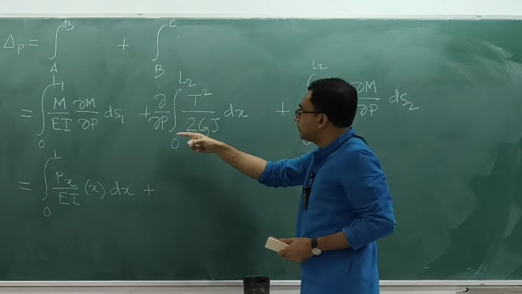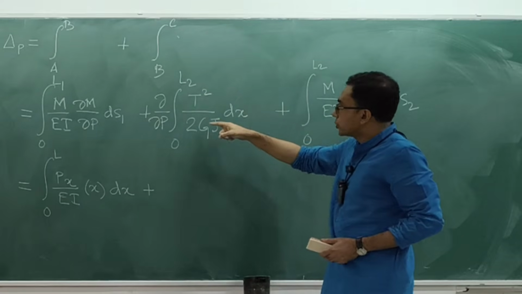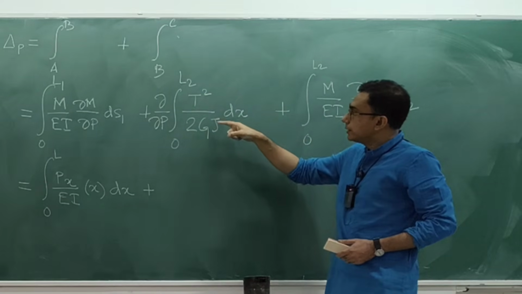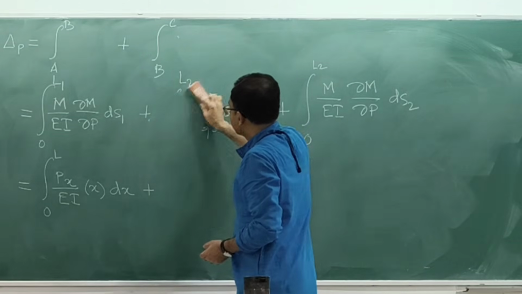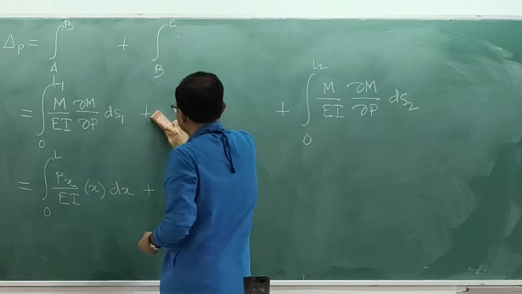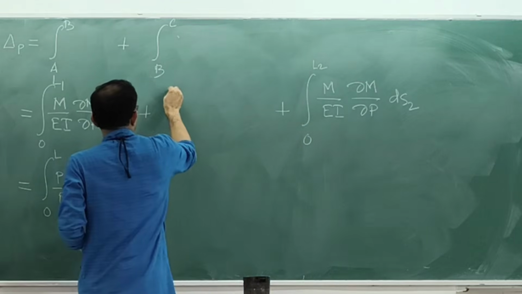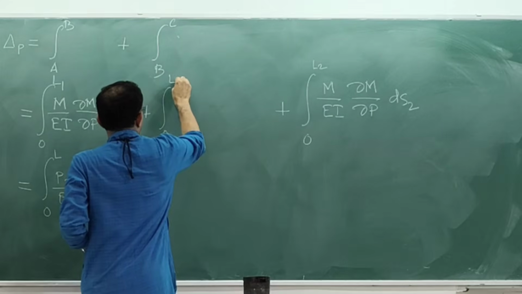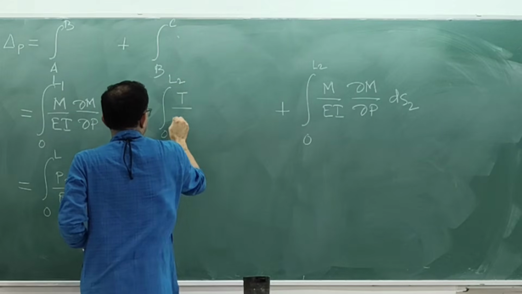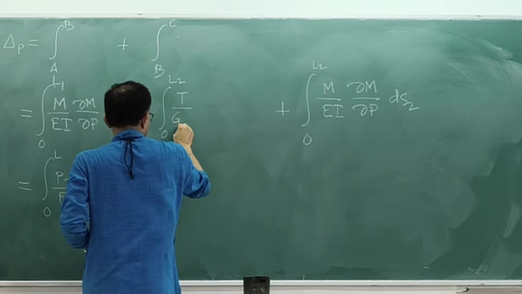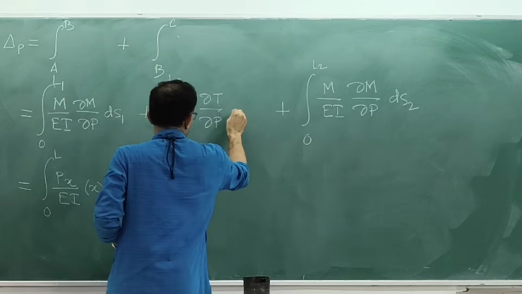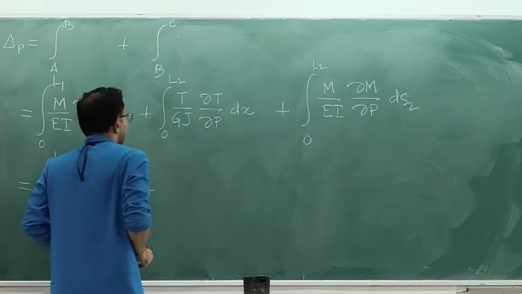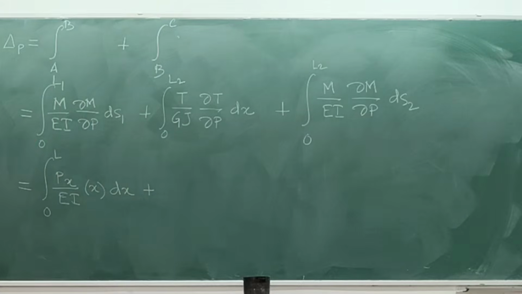You see, this is del del P of T squared by twice GJ. So this will come out as T by GJ into del T by del P. What is the T?